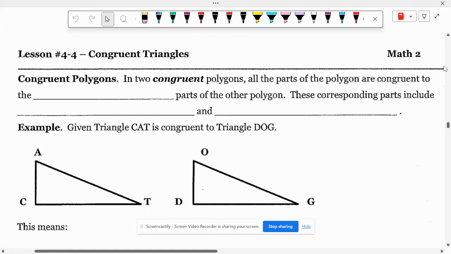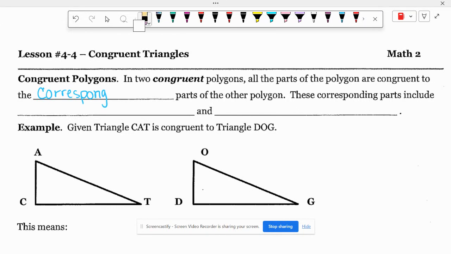Yeah, thank you. So congruent polygons, here's the definition. In two congruent polygons, all of the parts of the polygon are congruent to the corresponding parts of the other polygon.